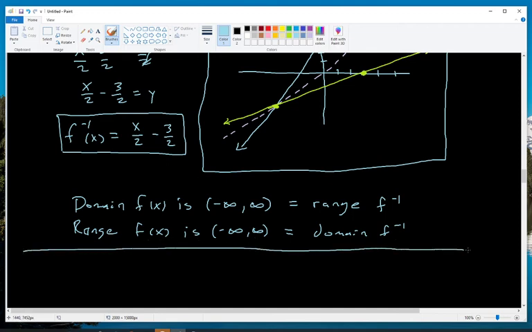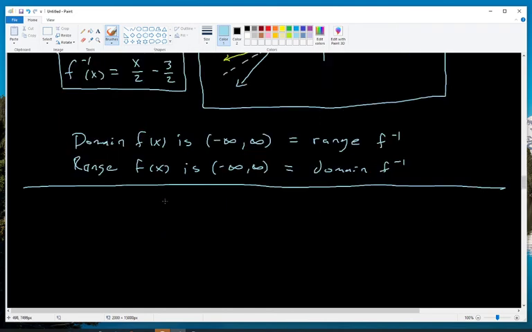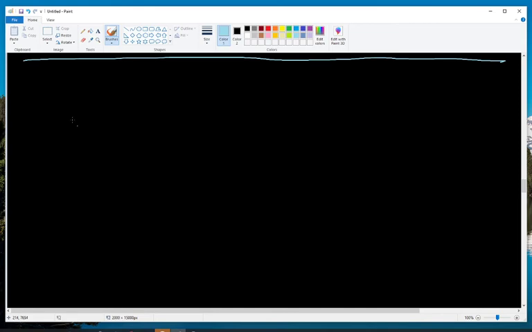So you will have some problems like that towards the end of the assignment. If you get a type where there's maybe something like, say, f of x equals x squared minus 4, and they want you to say, is it 1 to 1? If so, find the inverse, graph it, and give the domain and range.